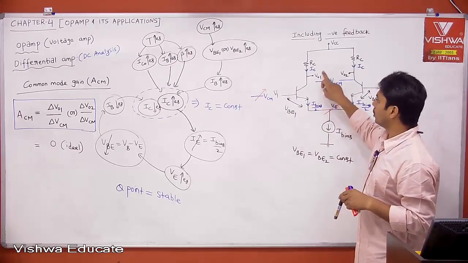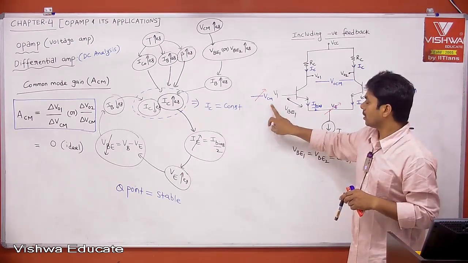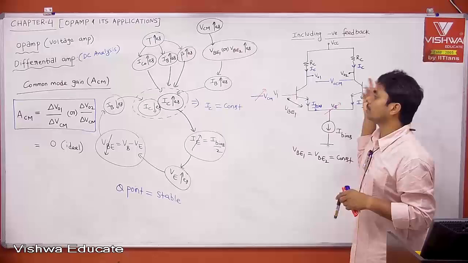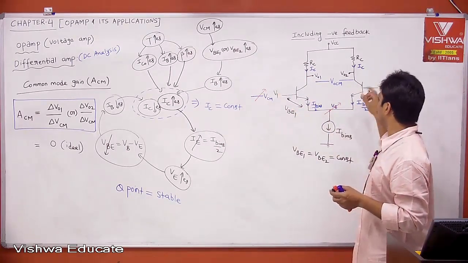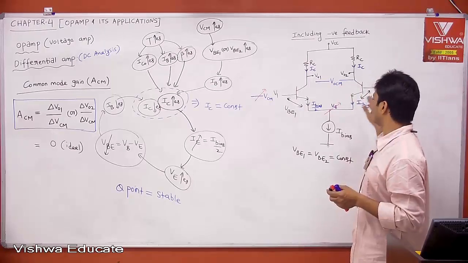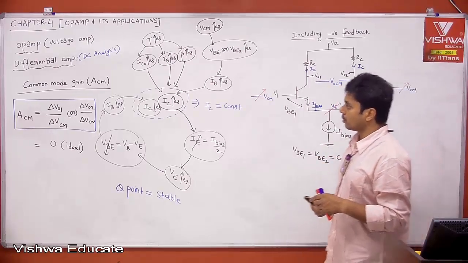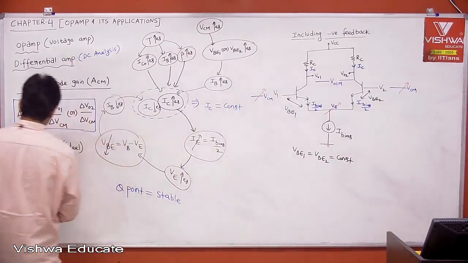If you want delta V01 divided by delta V1, but if you say delta V1, you may say V2 can be anything. That's why VCM is nothing but V1 plus V2 by 2, or V1 is equal to V2 is equal to VCM.